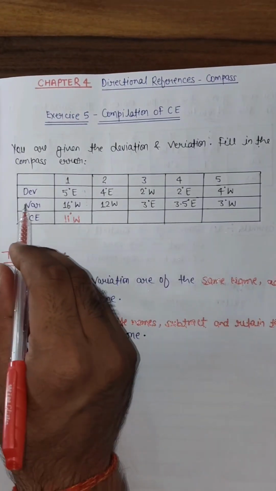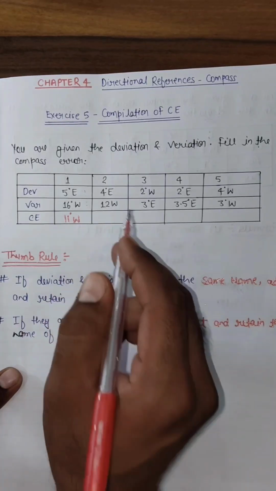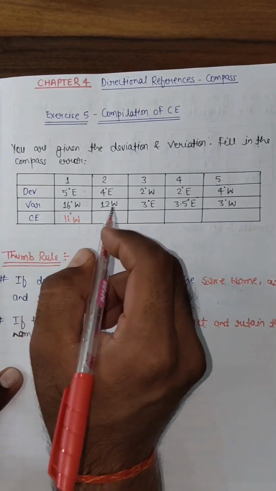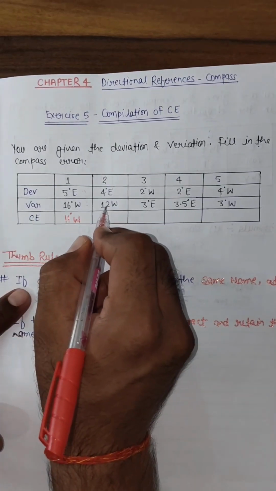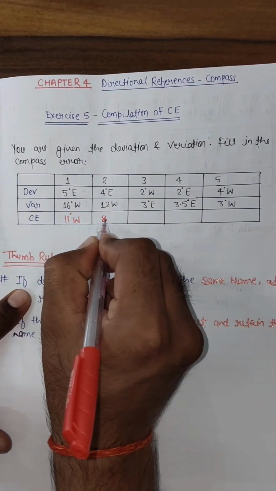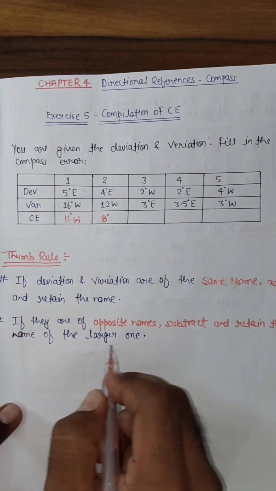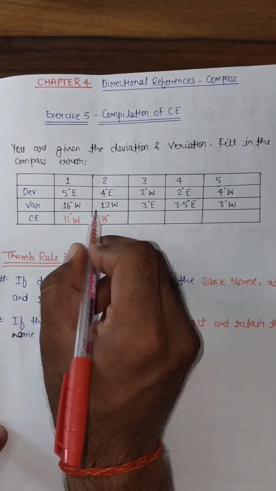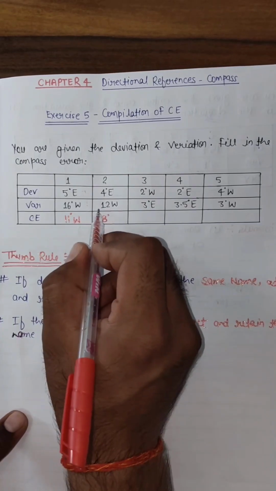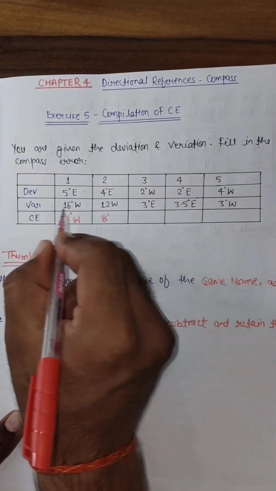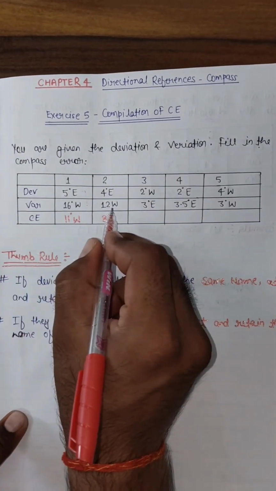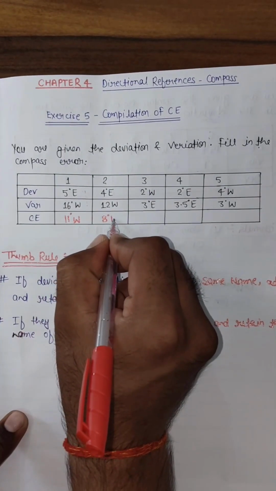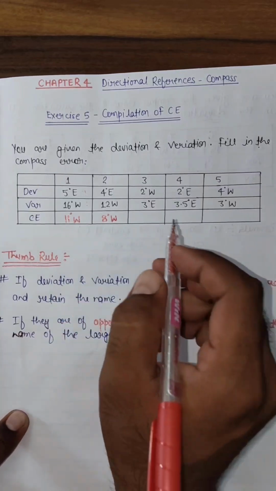In the second question, since deviation and variation both have different directions, they are opposite names, so subtract. The first step is to subtract, so that is 8 degree, and retain the name of the larger one. So which is larger? Because the value of variation is larger as compared to deviation, we will take the direction of variation, that is west, 8 degree west.